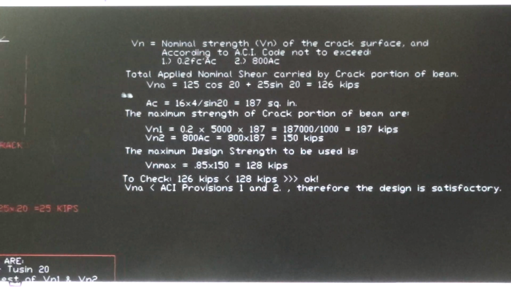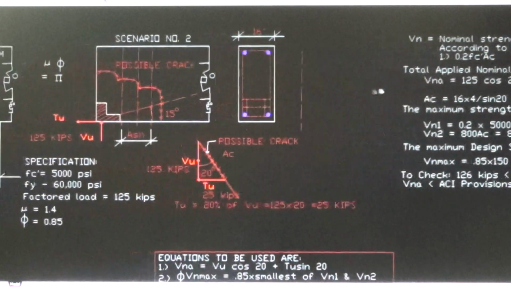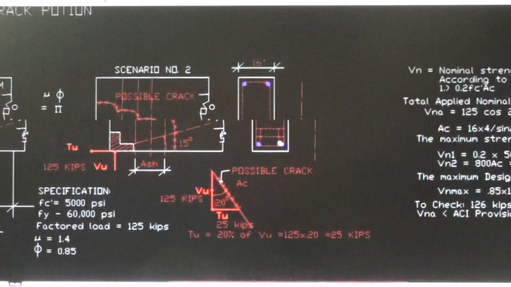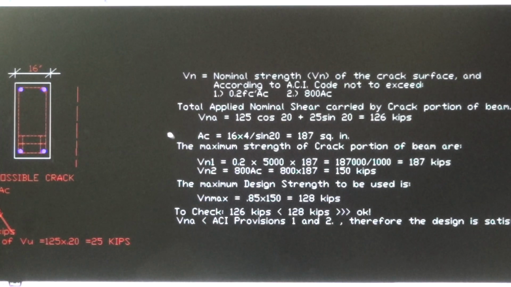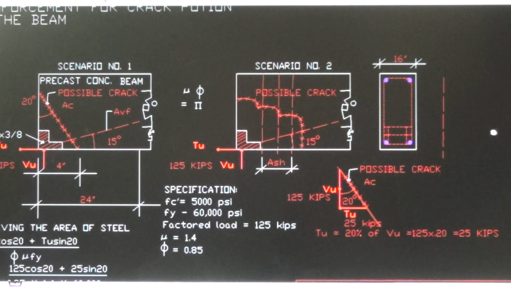The beam is 16 inches wide, and you can see here the horizontal length of the crack is 4 inches. So the AC is 16 times 4 divided by sine 20 degrees. It's a sine 20 degrees right there, right?